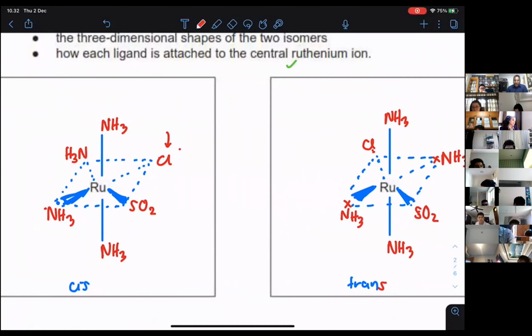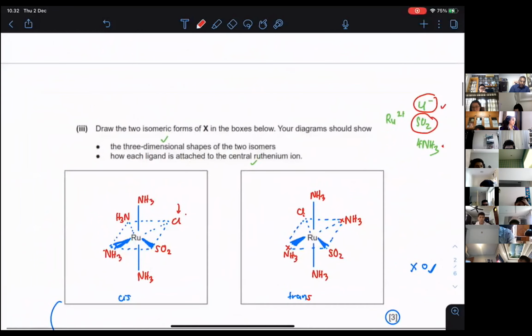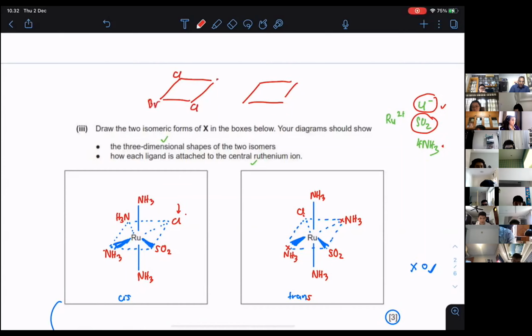Because if you refer to your normal drawing for square planar, when I show cisplatin and transplatin, how do I show? Maybe Cl will be here, Cl will be here, and then Br will be here, Br will be here. If I have X, then Br will be here, Br will be here, Cl will be here, Cl will be here.